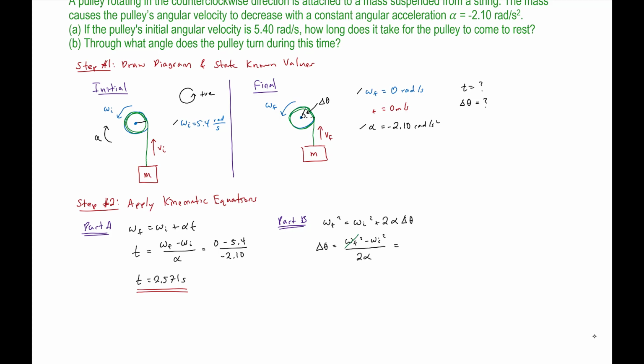We do know that the final angular velocity is 0, so that goes to 0. So that means we have negative 5.4 squared divided by 2 times negative 2.10. And delta theta is equal to 6.943 radians. Therefore, the pulley turns 6.943 radians to come to rest.